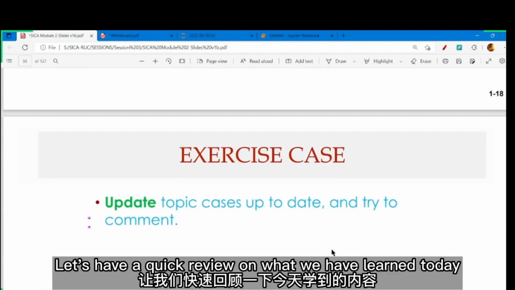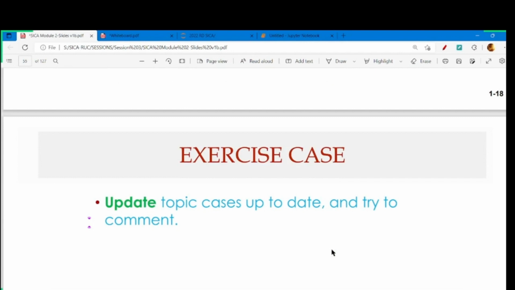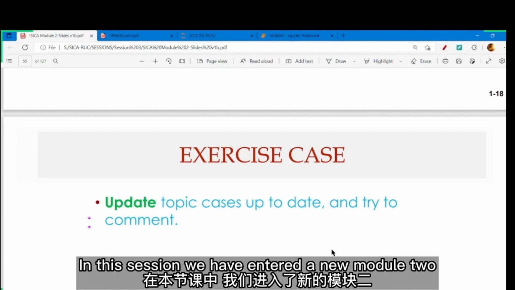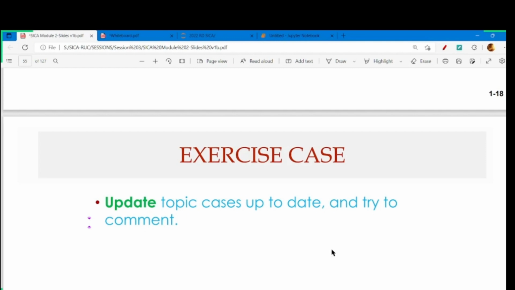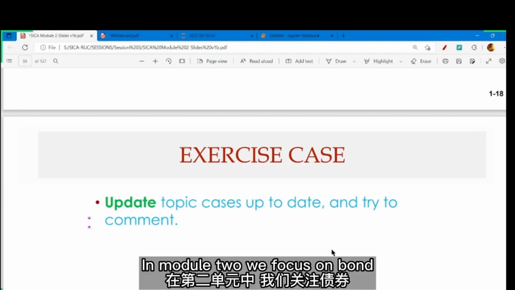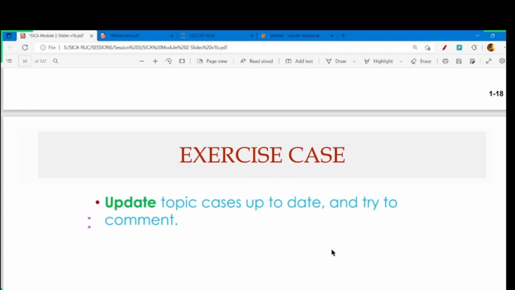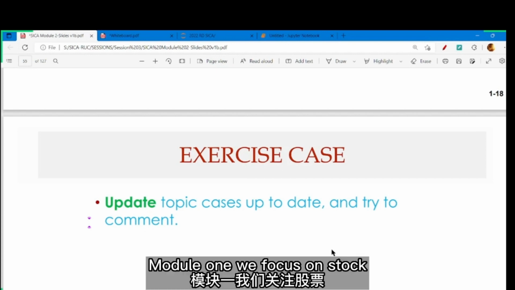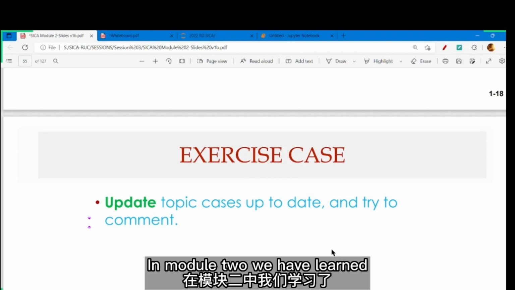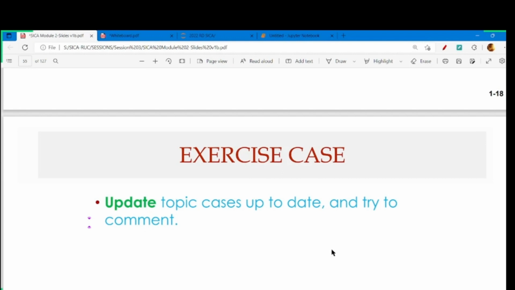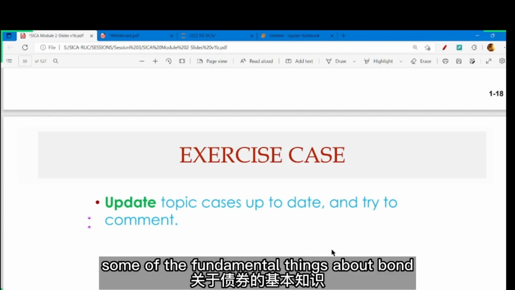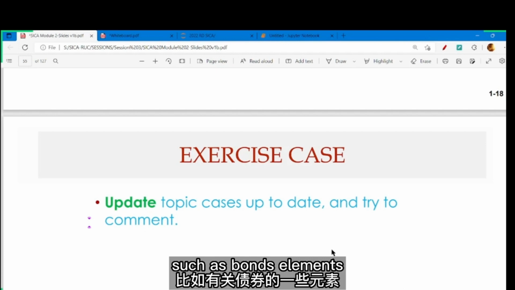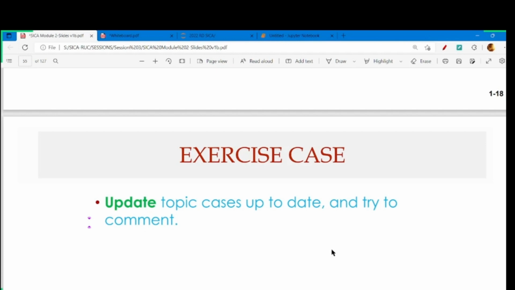Let's have a quick review of what we have learned today. In this session, we entered a new module, Module 2. In Module 2, we focus on bonds; in Module 1, we focused on stocks. In Module 2, we have learned some fundamental things about bonds, such as bond elements.